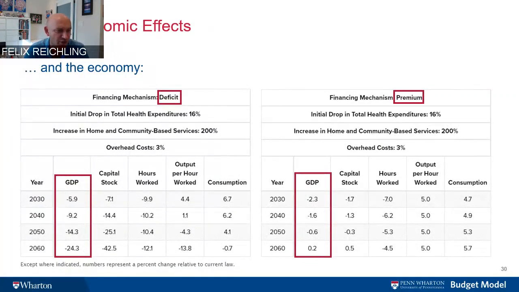And we see here with doubling debt between now and 2060, the capital stock would be a lot lower than under the current law baseline, and GDP would be roughly 24% lower. Under the premium financing, the capital stock is roughly unchanged, and GDP would be almost unchanged from current law policy. But output per hour worked would be a lot higher under the premium financing, meaning that people are more efficient than under the deficit financing.